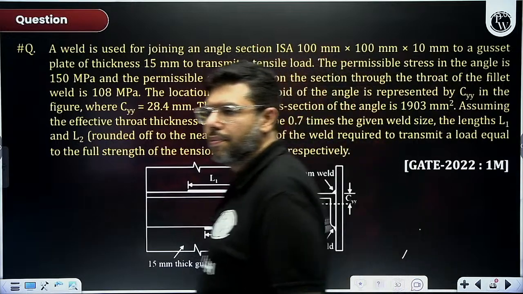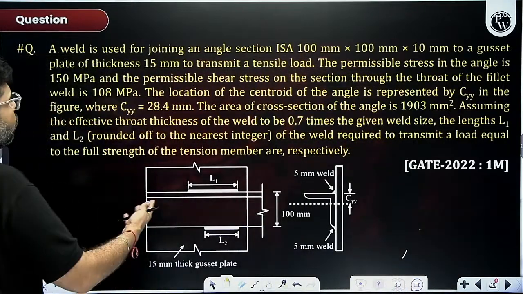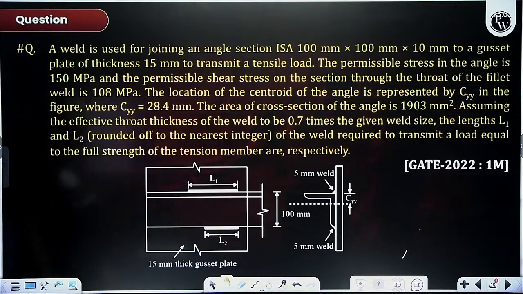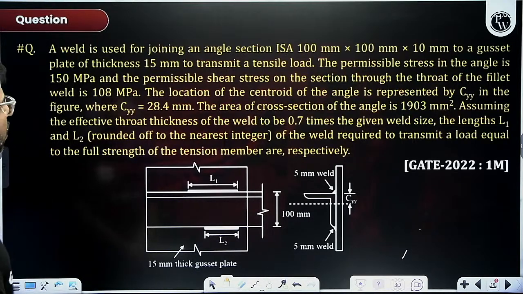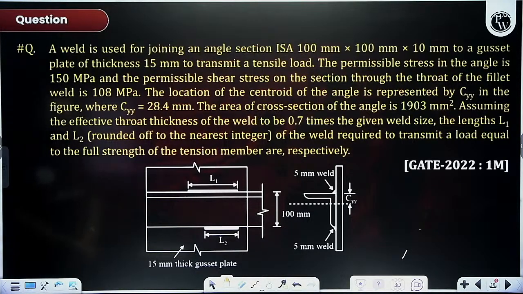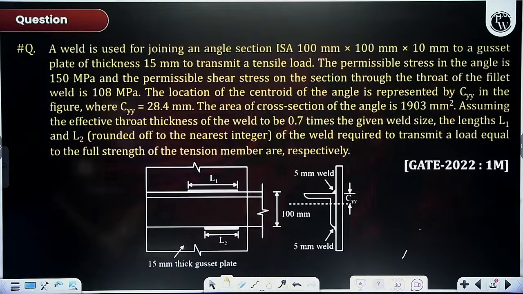Let's see. A weld is used for joining an angle section ISA to a gusset plate of thickness 15 mm to transmit a tensile load. The permissible stress in the angle is given, and the permissible shear stress on the section through the throat of the fillet weld is given to me.